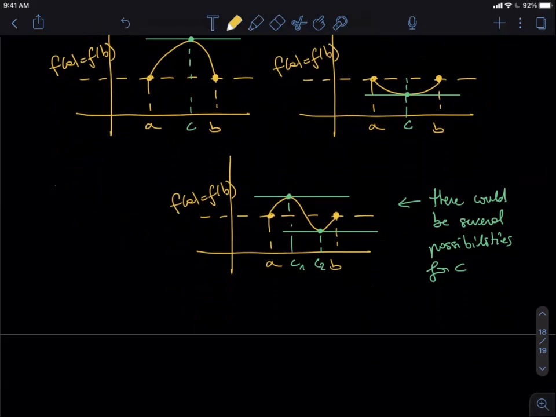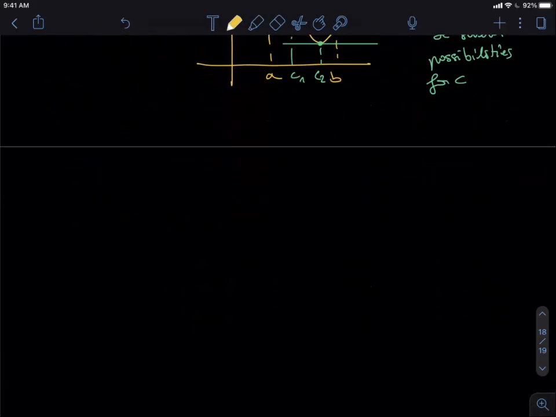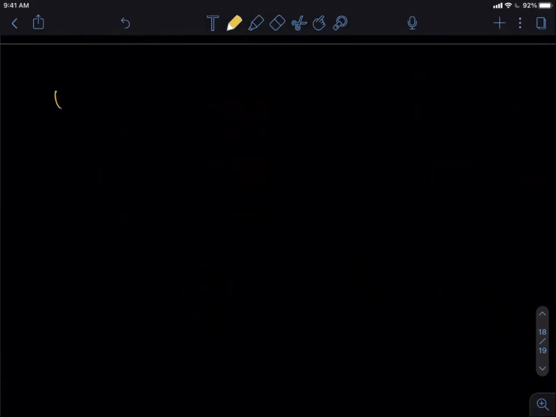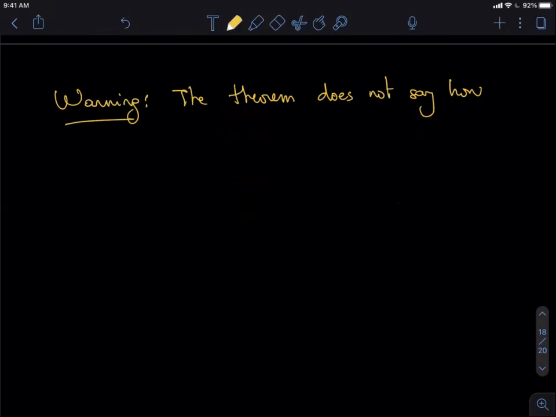One thing here, very important, and this requires a warning: the theorem does not say how to compute or how to find C.